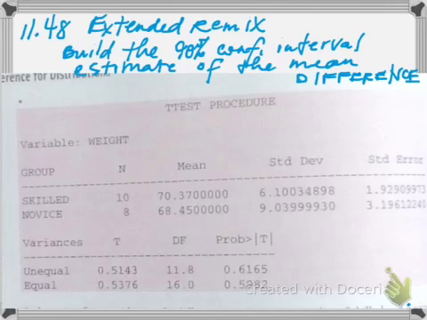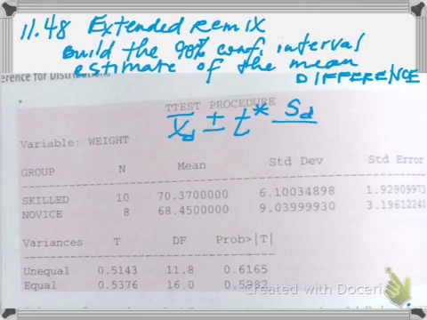It is, in this case, the mean difference plus or minus some critical value, t star, times the standard deviation in the difference, divided by the square root of the sample size. So that has to be adjusted for our two samples. That's kind of a strange way to state it, but we have a better way to calculate this, right?